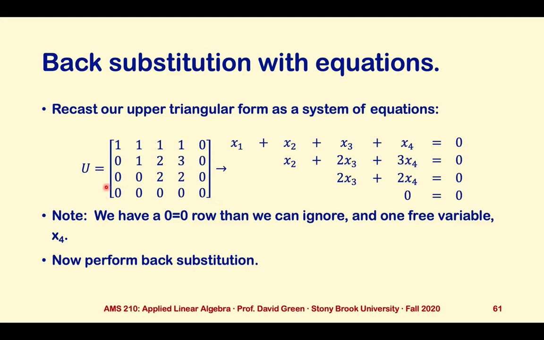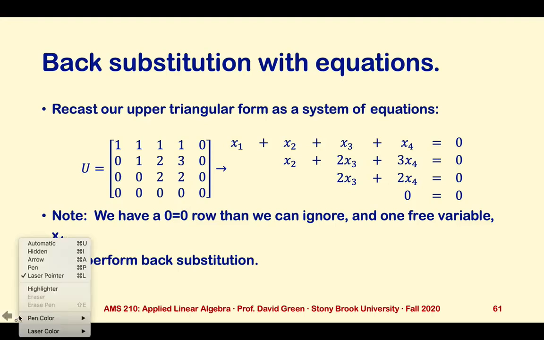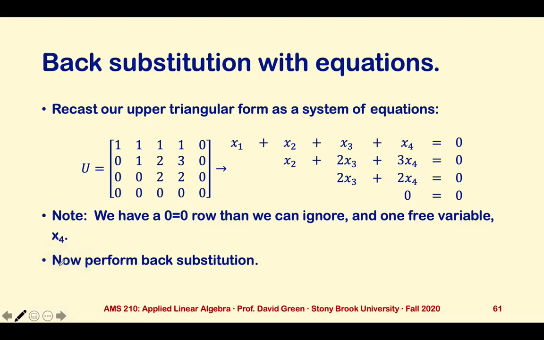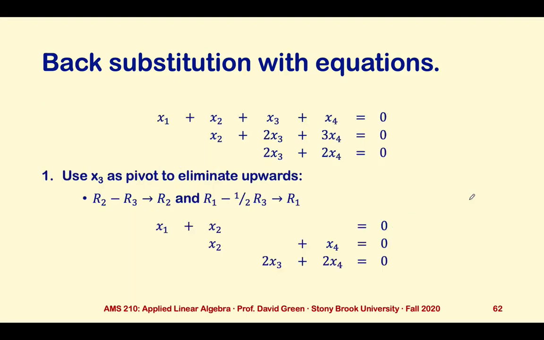And this reads as 0 plus 0 plus 0 plus 0 equals 0. Once we've recast as a system of equations, we see that we have a 0 row that we can just get rid of and ignore. And we can perform back substitution exactly the same way we did before.